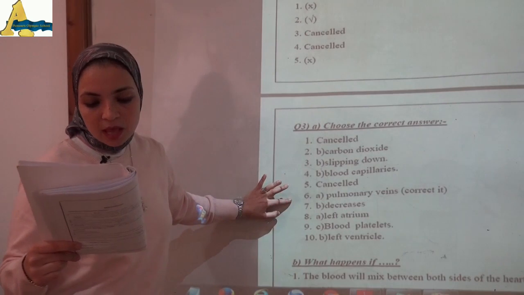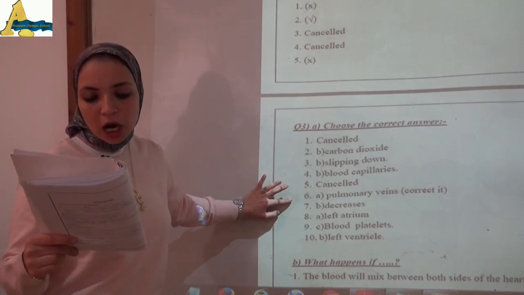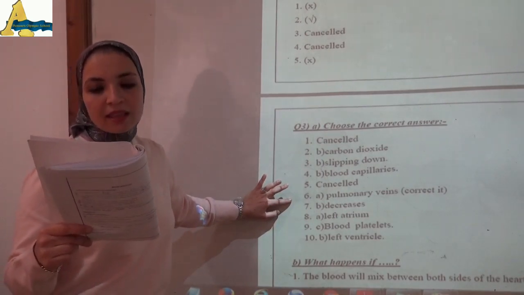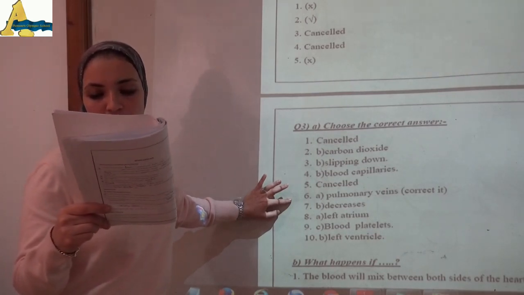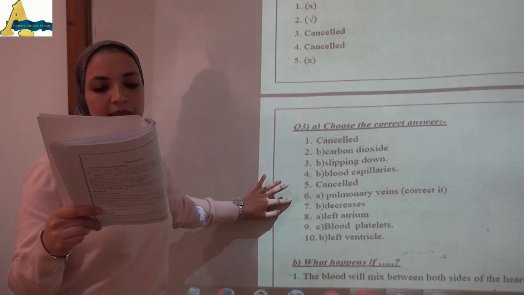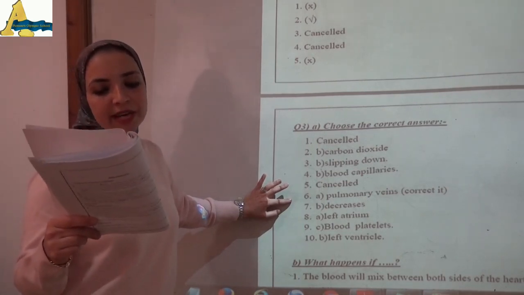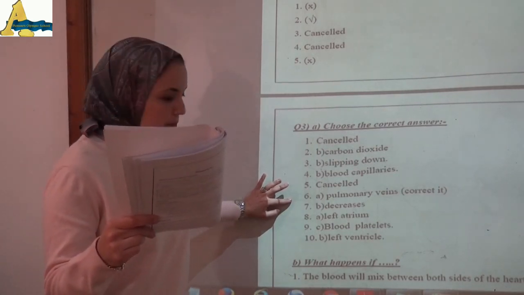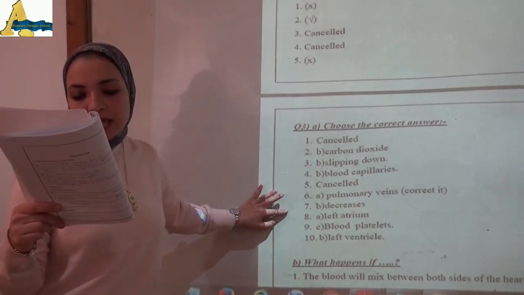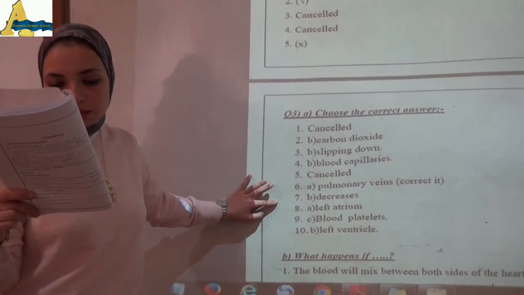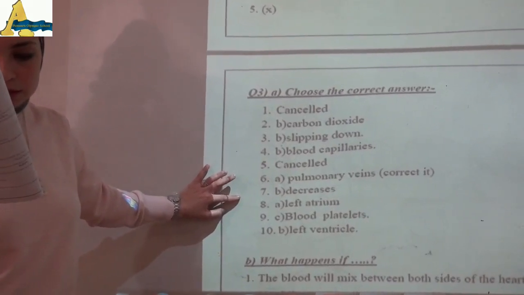Correct from artery and right veins to be pulmonary veins. Number 7, the presence of water on the road. What happens to the friction force between the car tires and the road? Of course, it decreases the friction force. Number 8, what receives the oxygenated blood from the lung?